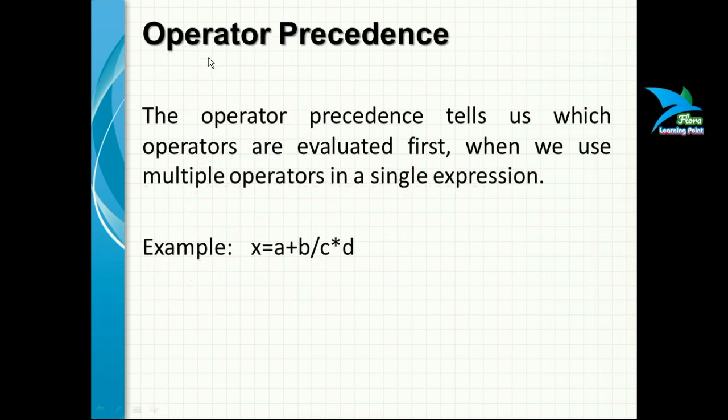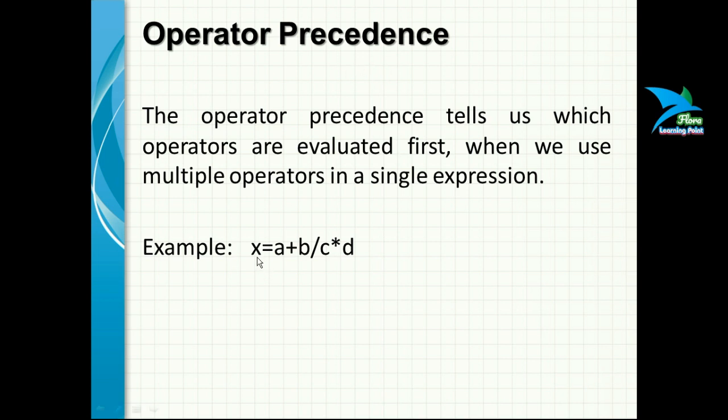Next we'll discuss operator precedence. The operator precedence tells us which operators are evaluated first when we use multiple operators in a single expression. That means when you use multiple operators in a single statement, which operator gets the priority of evaluation depends on the operator precedence.